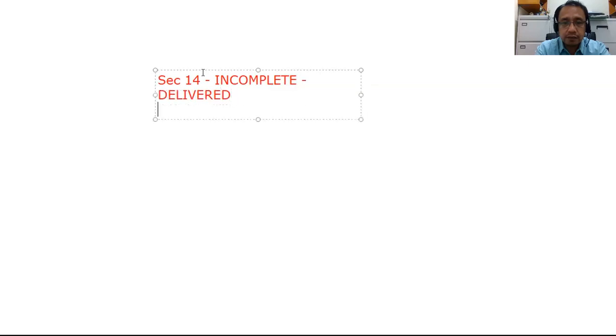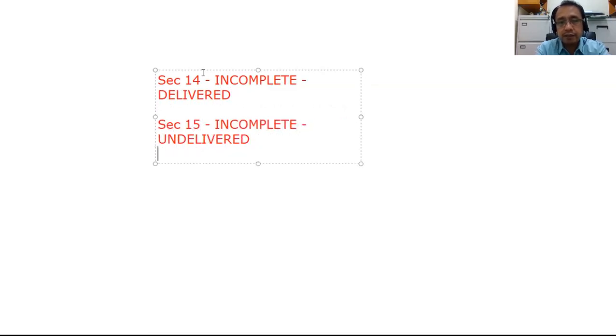In Section 14, ano ba yung nandito? The instrument is incomplete. However, it is delivered. In Section 15, the instrument is incomplete and at the same time, undelivered. In Section 16, the instrument is complete, but it is undelivered.